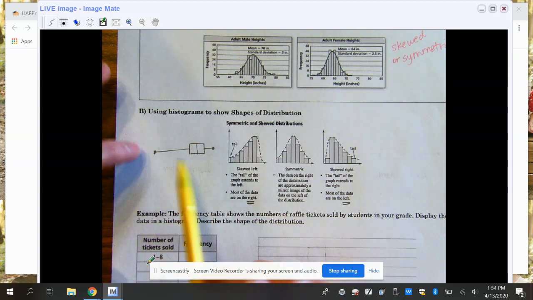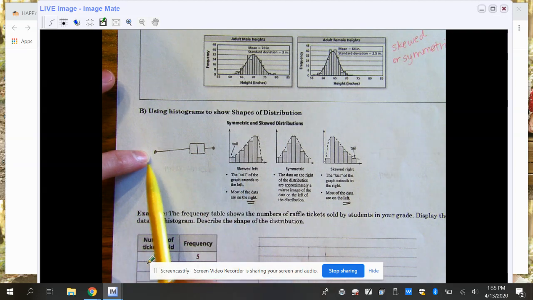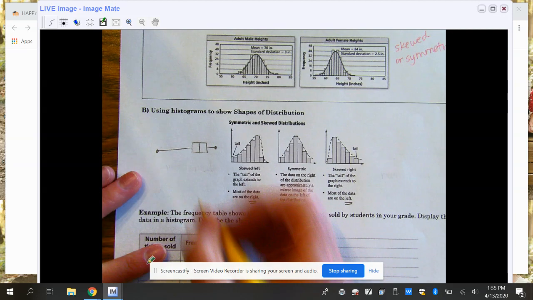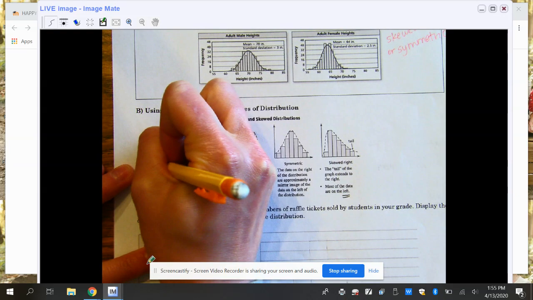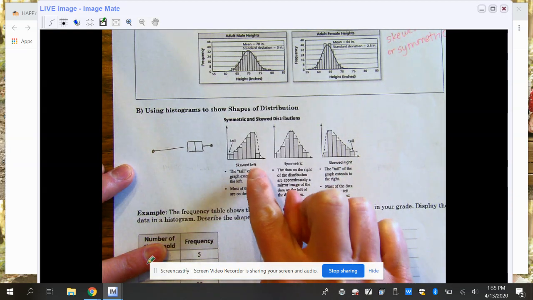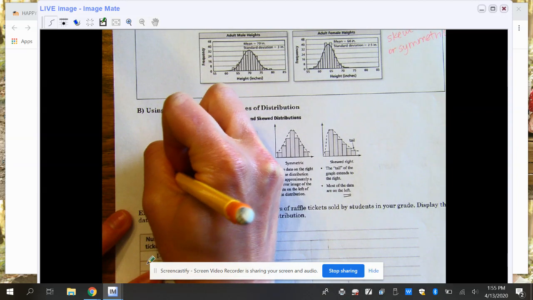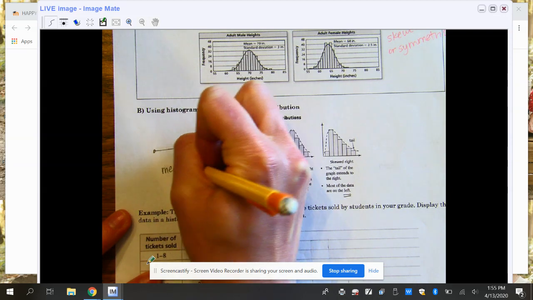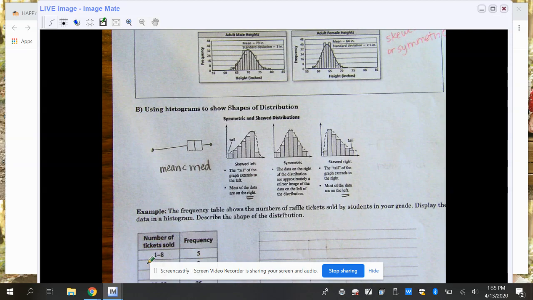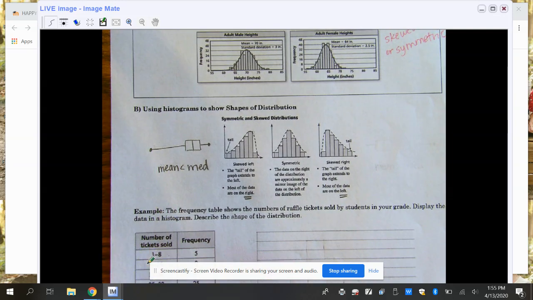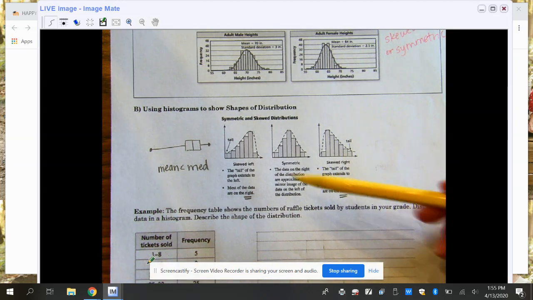You'd say, I've got a couple values down here, but most of my data is over here. So we'd be able to say, oh, that's a longer left whisker, so that's why it's skewed left. And whenever your data is skewed left, that means your mean is going to be lower than your median, again, because your minimum value is pulling your mean down.